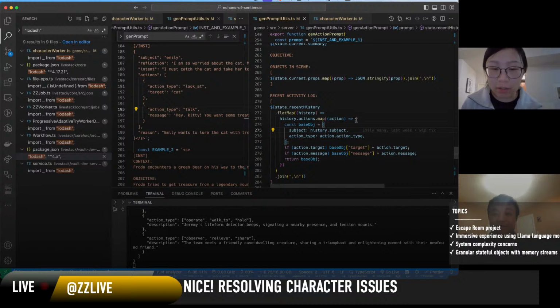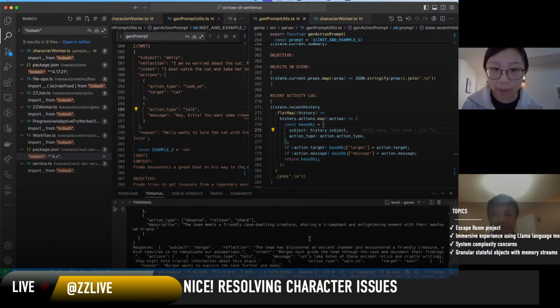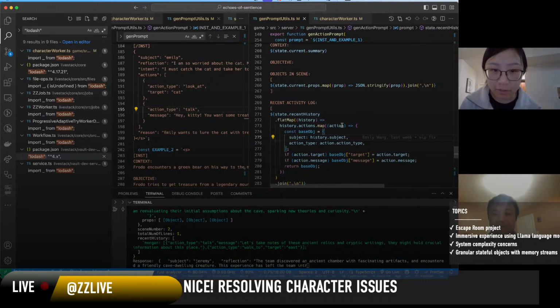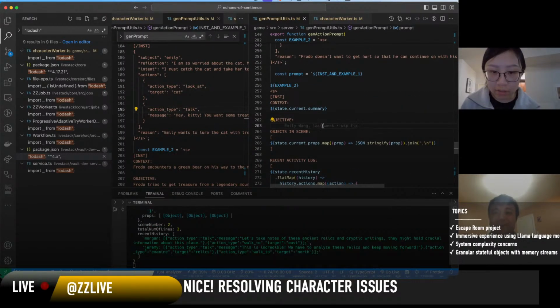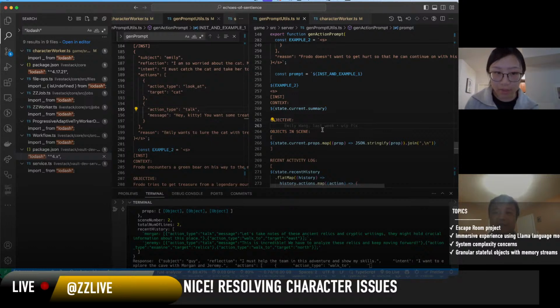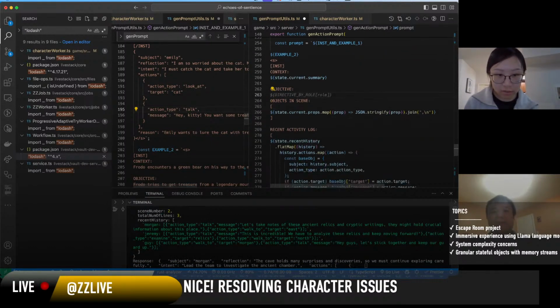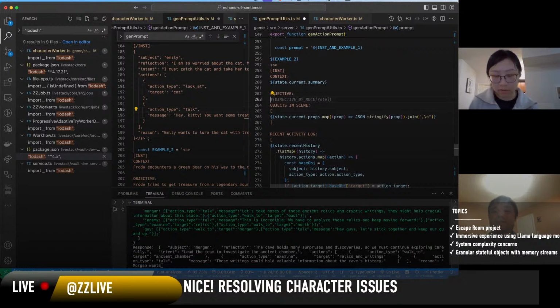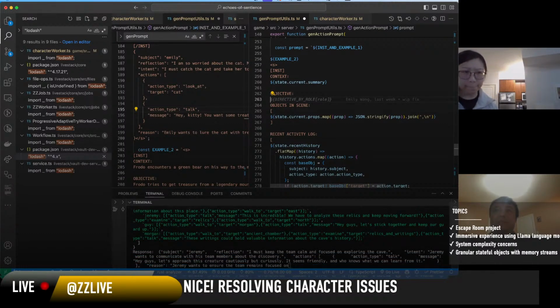No. I mean, it's not in the recent activity log section. Go back to line 262. You see objective colon. This is where... Yeah. Oh, wait. But I thought intent is generated on the fly.